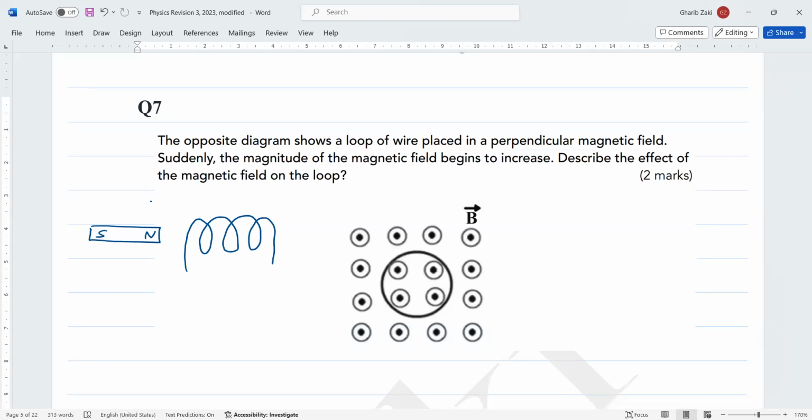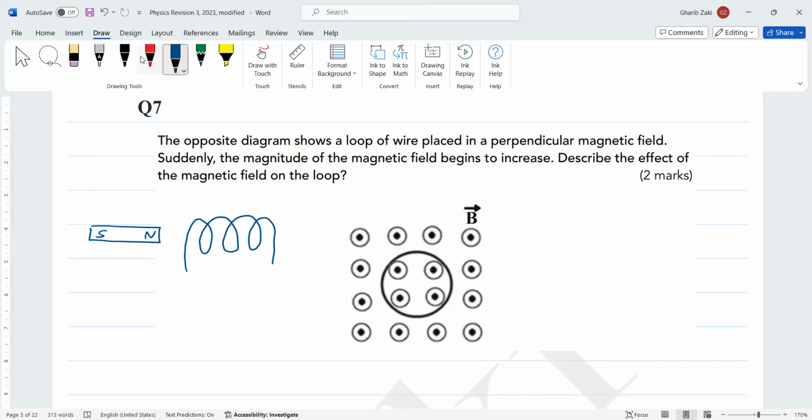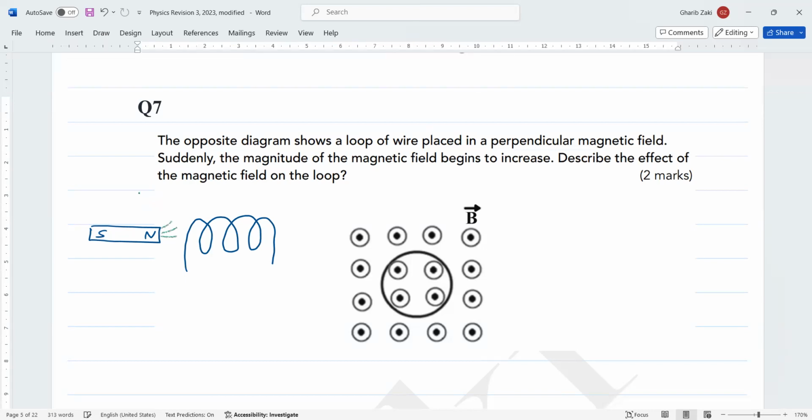Now, we have here a permanent magnet. The permanent magnet has a permanent field. The permanent field, because of the magnet, is from north to south.